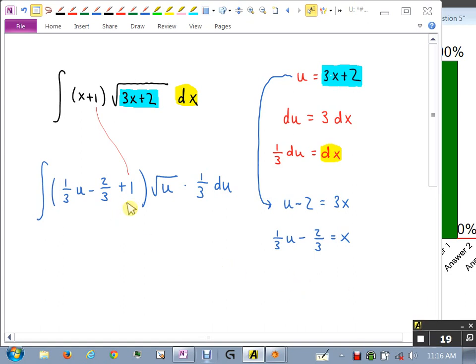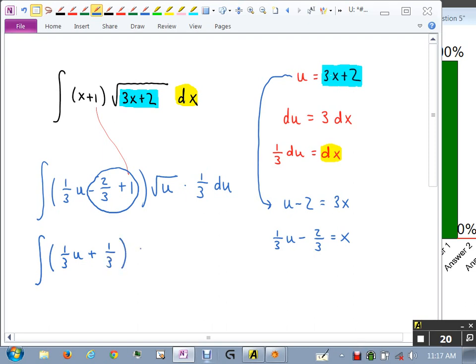All right, let's clean this up algebraically. When I put these two together inside the parentheses, negative 2/3 plus 1 is 1/3, right? So I'll have integral, I'll have 1/3 u plus 1/3.